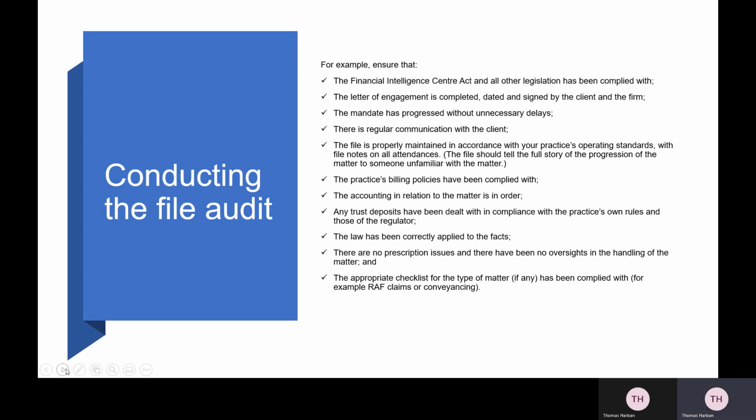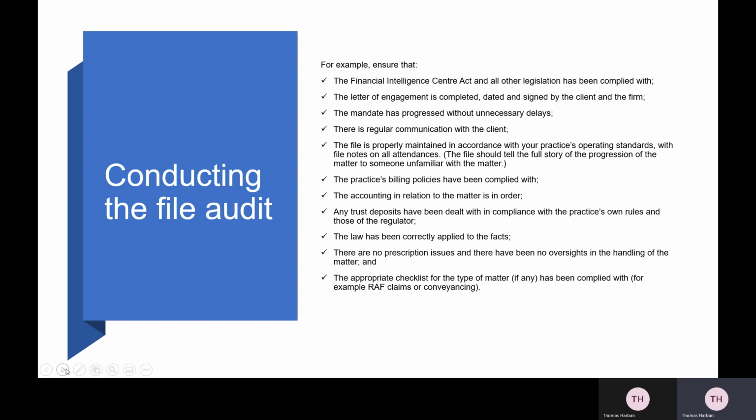Check that all the accounting and finance matters are in order, that deposits into the trust account have been done properly and they accord with your own internal rules as well as those of the regulator.